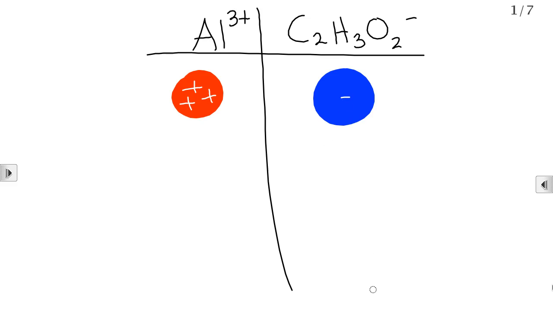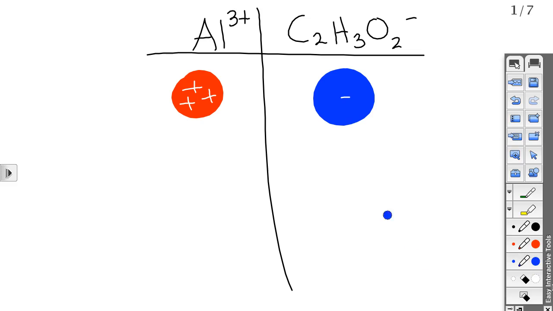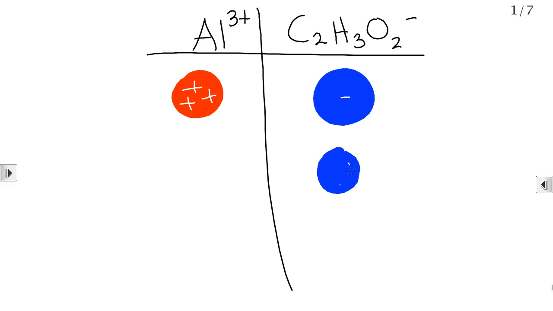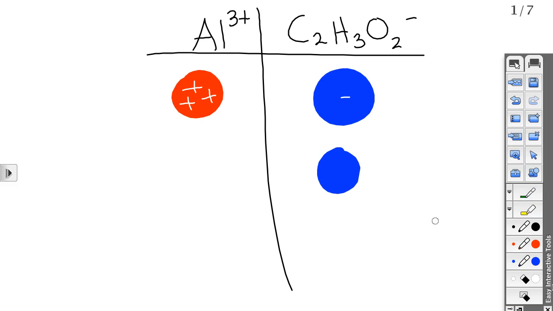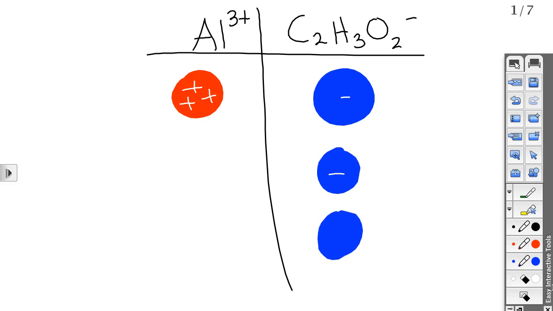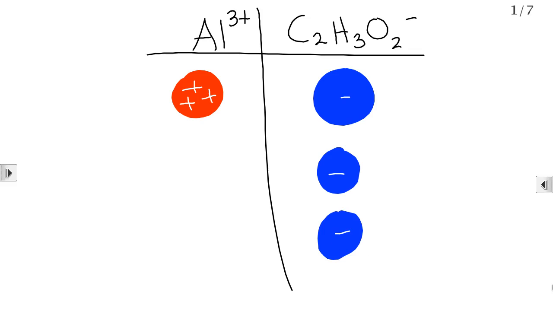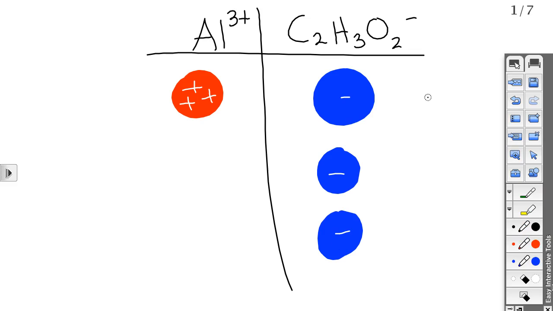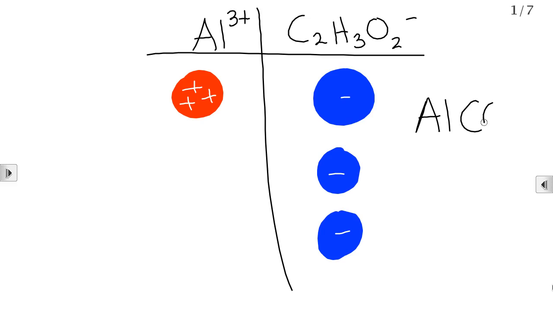Is this neutral? No. Is this neutral? No. Is this neutral? Yeah, so when I go to write my formula, do I need a subscript on the aluminum?